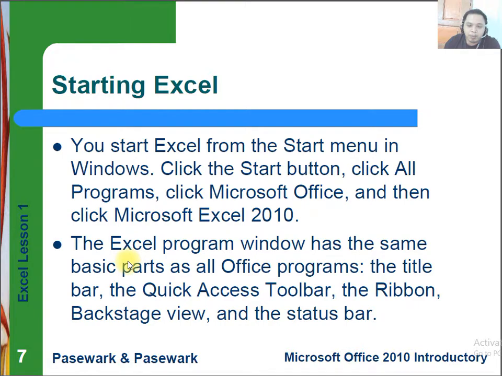Okay, so sabi diyan, may parehas sila ng basic parts. Ano ba yung mga office programs natin? Si Word, si PowerPoint, si Publisher, ayan. So meron silang same design ng window. Okay, so kasama doon yung title bar, quick access toolbar, yung ribbon, backstage view, and the status bar.